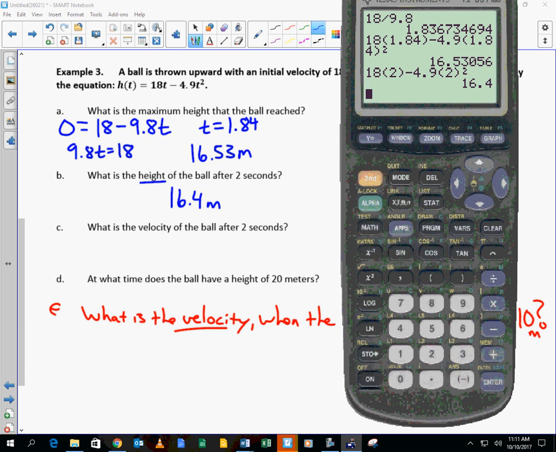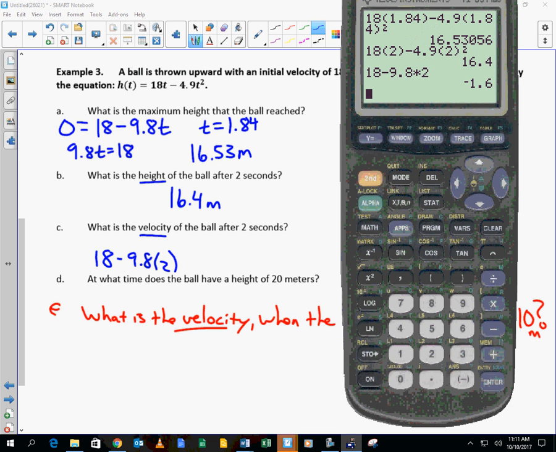Right, so the velocity, that I plug into the derivative. Velocity after 2 seconds would be, let's see, 18 minus 9.8 times 2. Will the answer be positive or negative? Why? It's on its way down. And I get negative 1.6. I need to have a label.